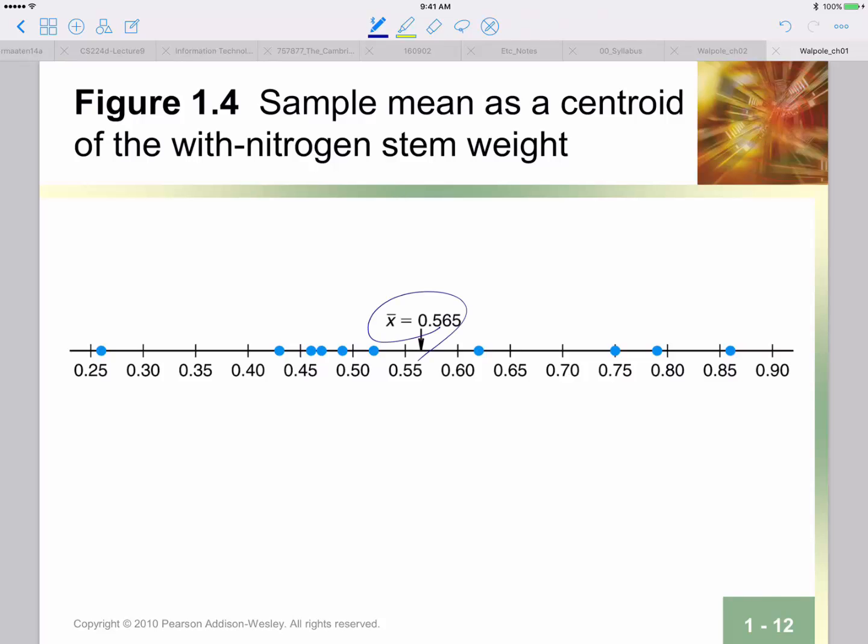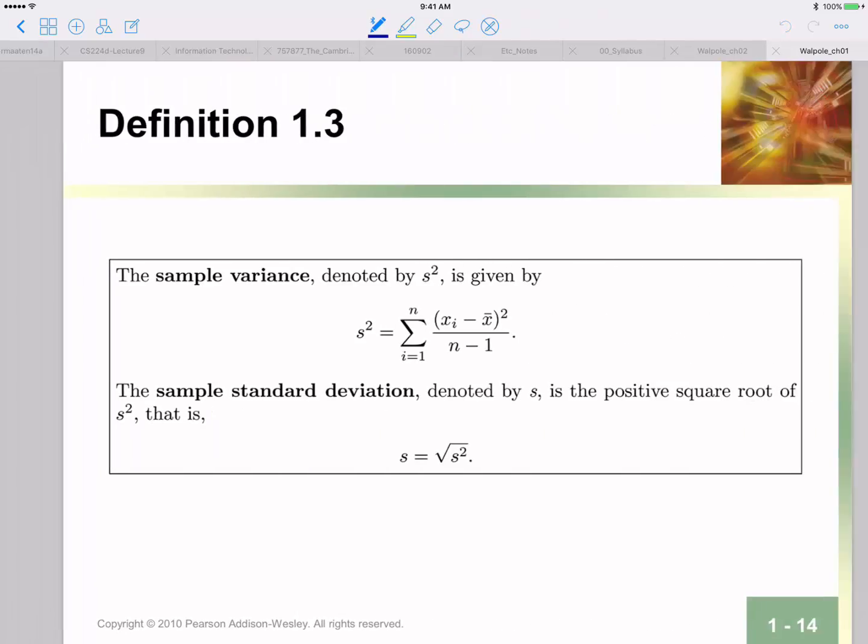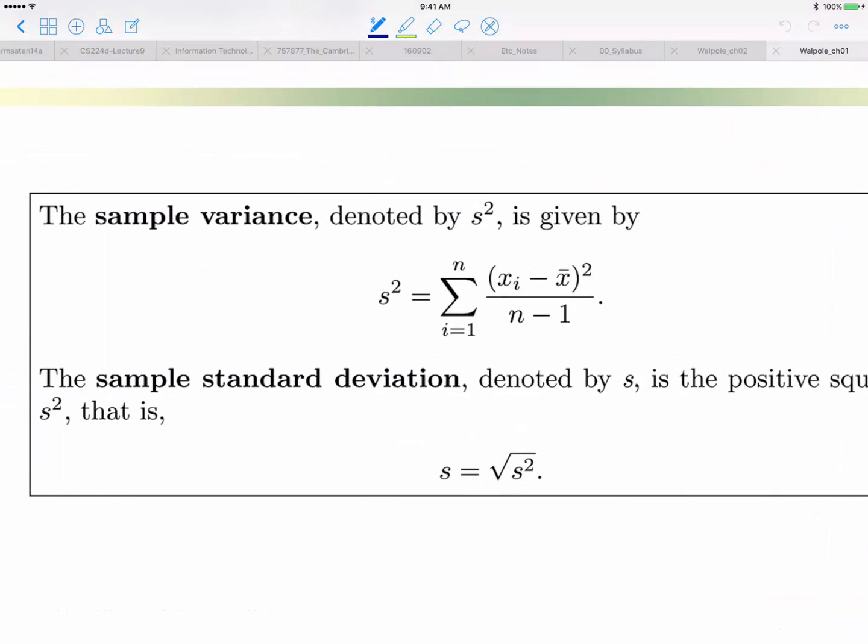So this is a sample mean, and this is a sample variance. You guys know how to compute the sample variance. Suppose we have three data points: 1, 3, and 5. What is the mean? 3.